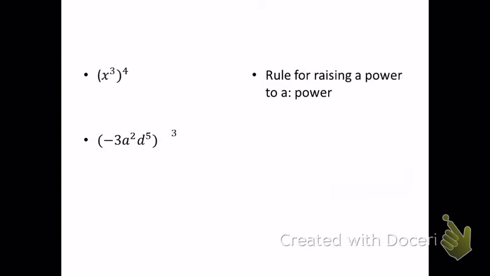Raising a power to a power. X cubed raised to the 4th power means that we would write x cubed 4 times. And we already said x cubed was 3 x's being multiplied together.